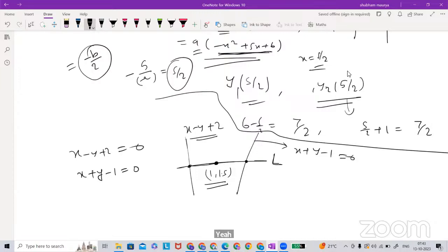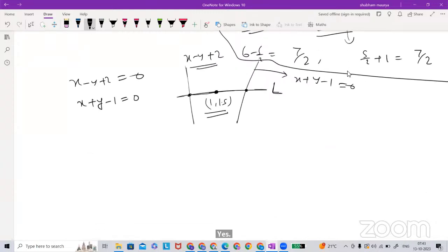Sir, I'm not able to understand the question, like the figure which you have drawn. So can you explain the figure, please?